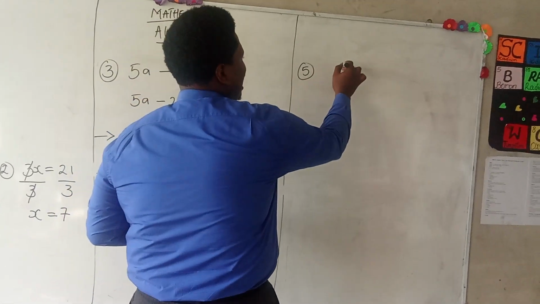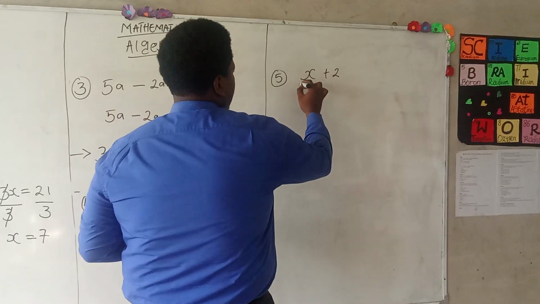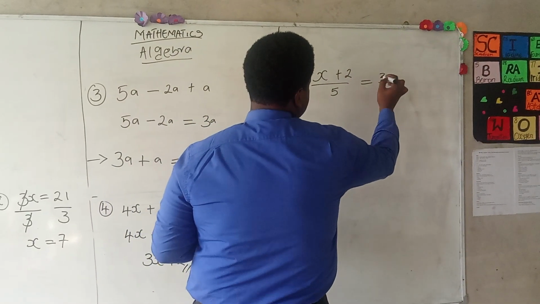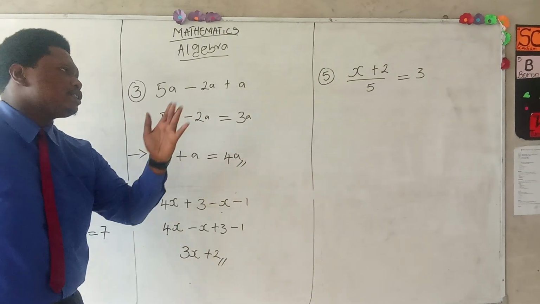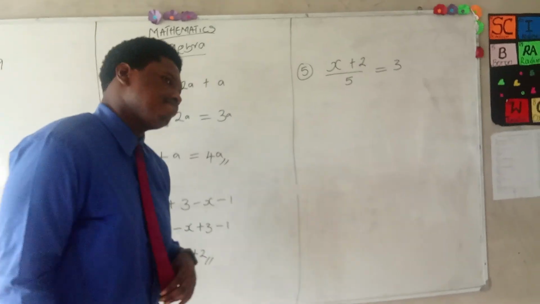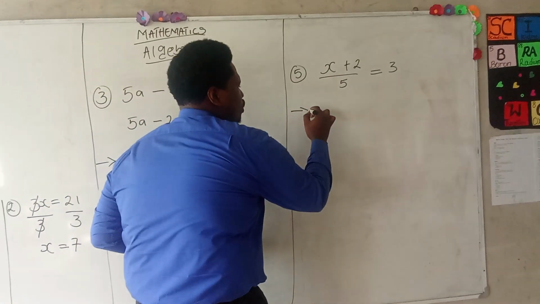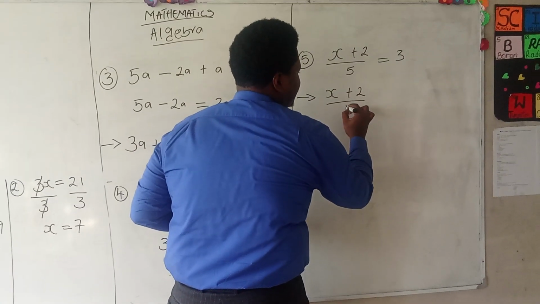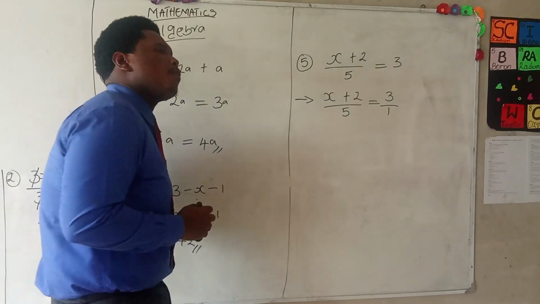Illustration 5, we have x plus 2 over 5 equal to 3. Now, how do we solve this particular algebraic expression? I can rewrite this expression as x plus 2 over 5 is equal to 3 over 1, which is still the same.